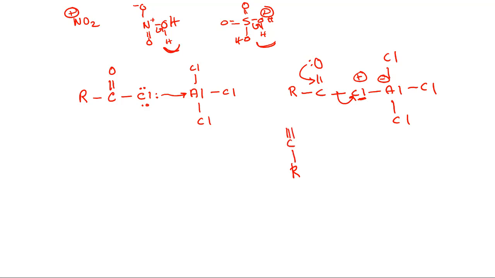It's a triple bonded oxygen with a positive charge on it, and that positive charge makes this carbon really electrophilic. It's called an acylium ion. Sounds like a silly ion, right? And then it forms the complex ion AlCl4 minus.